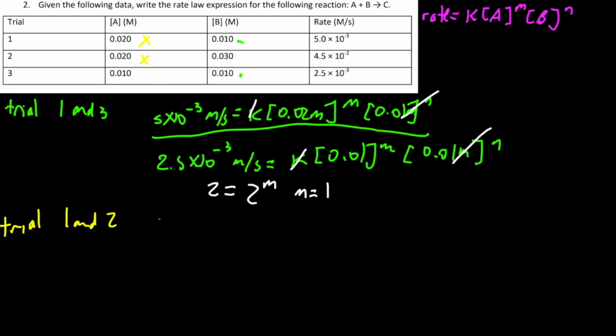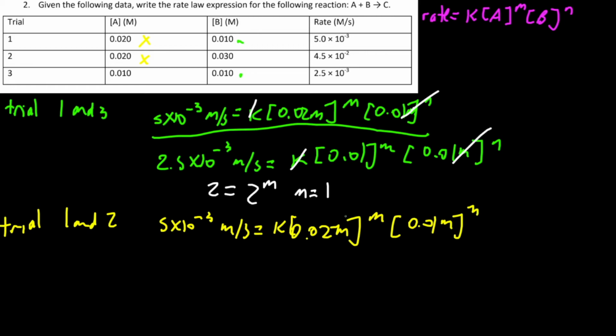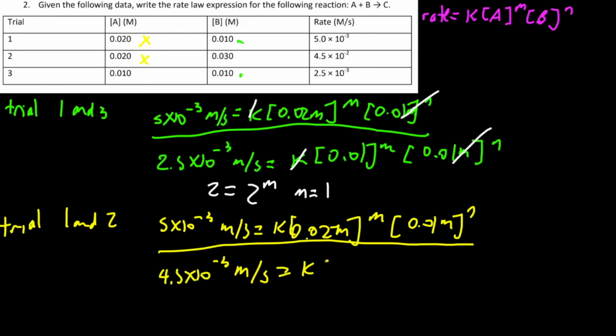So from here, you get 5 times 10 to the negative 3 molar per second equals, so this is trial 1, K times 0.02 molar to the M, 0.01 molar to the N. Divided by 4.5 times 10 to the negative 3 molar per second equals K, 0.02 molar to the M, 0.03 molar to the N.